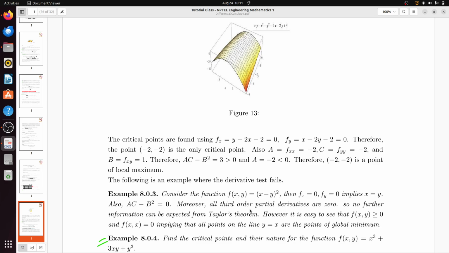Okay, now next problem, find the critical points and the nature of the function f(x, y) equal to x cube plus 3xy plus y cube.